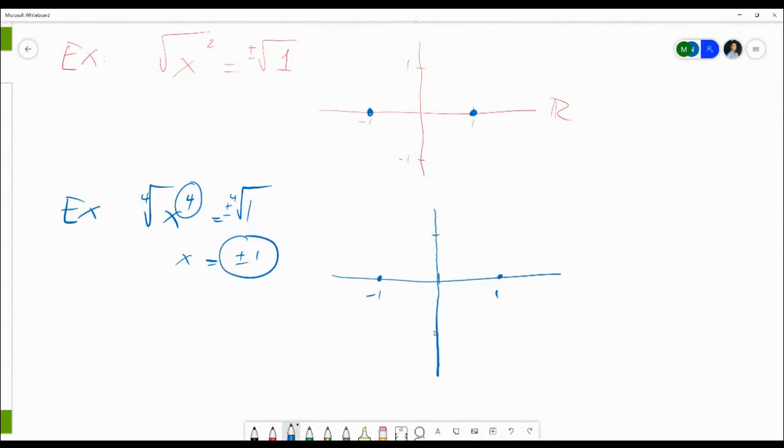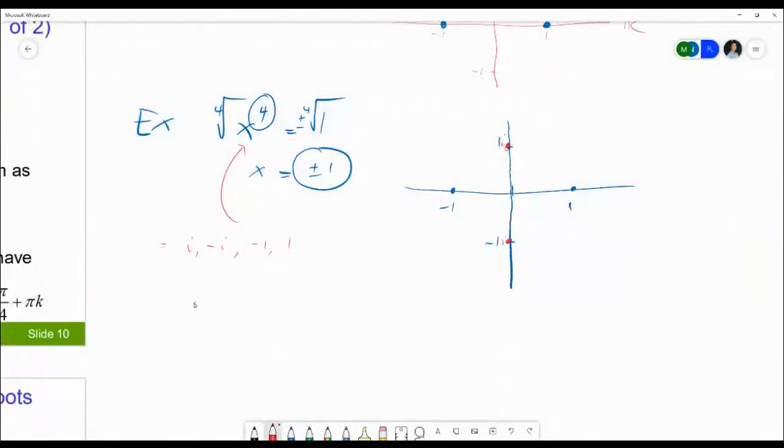Are they on the imaginary axis? Let's see if this is true. So this is positive 1i, this is negative 1i. So you're saying that i, -1, and 1 are solutions to this. Well, let's see if that's true. What is i? i squared is -1.